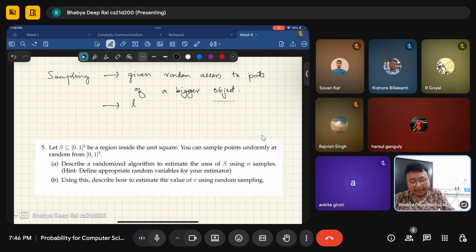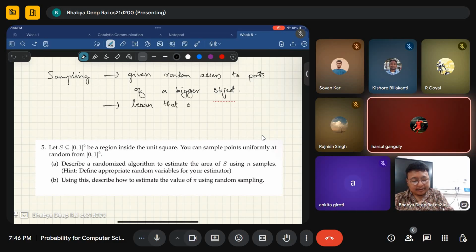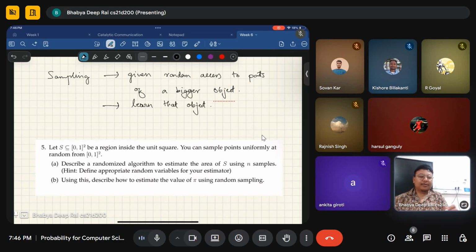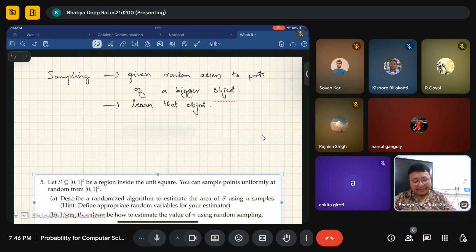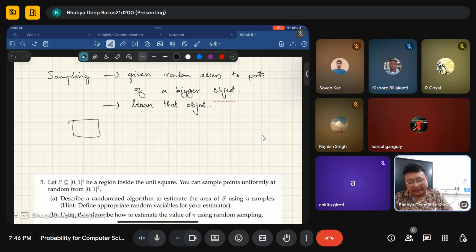What you are doing is trying to learn that object, some properties of the object. It can be anything. For example, let's say you have a function f, and the kind of sample you are allowed is f(x) for some x in {0,1}^n.